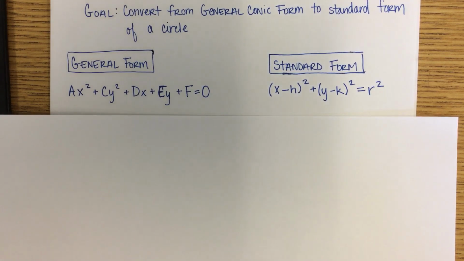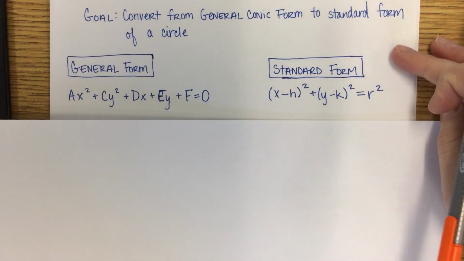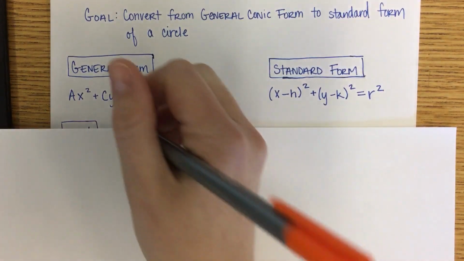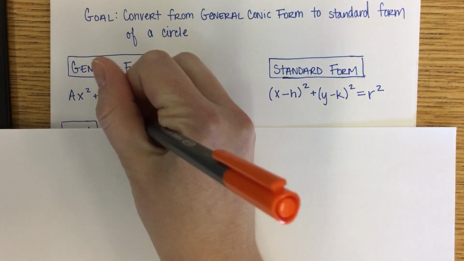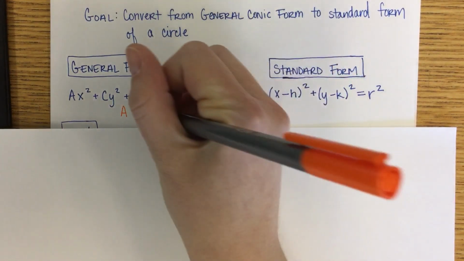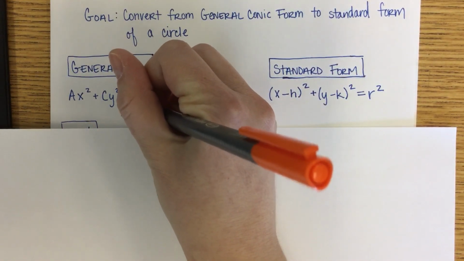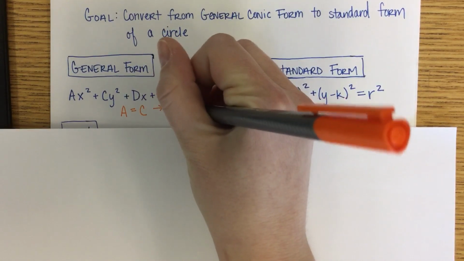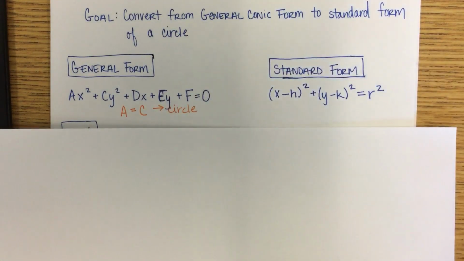But as we move forward, we know that we're dealing with a circle when, in the general conic form, the coefficient of x squared, or A, equals the coefficient of y squared, or C. Then we know that we're looking at a circle. Again, all of them today are going to be that.